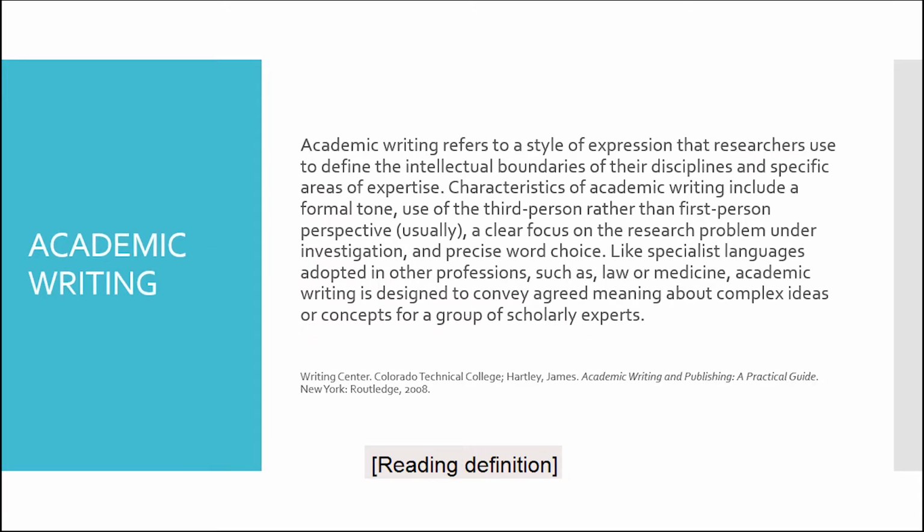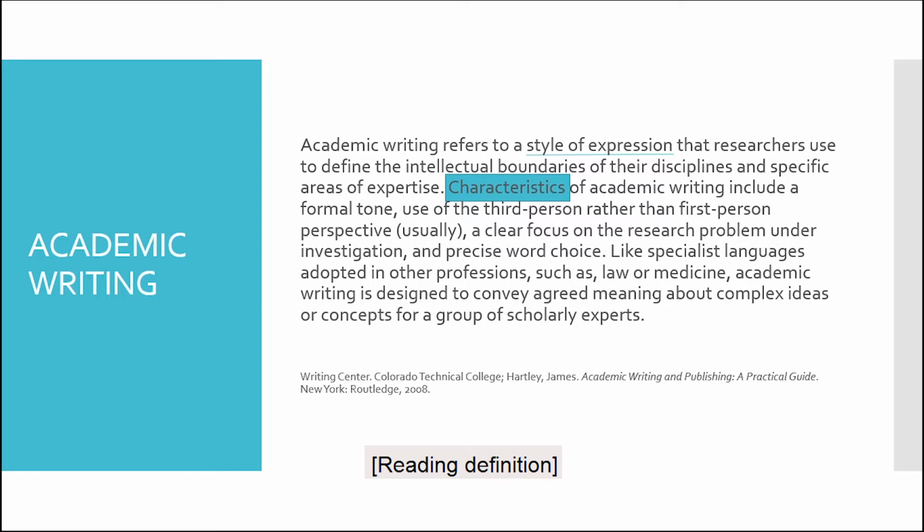According to the Writing Center in Colorado Technical College, academic writing is the following. Academic writing refers to a style of expression that researchers use to define the intellectual boundaries of their disciplines and specific areas of expertise.